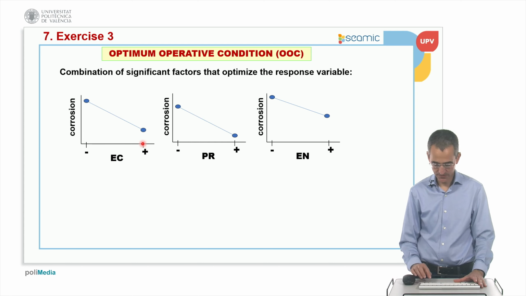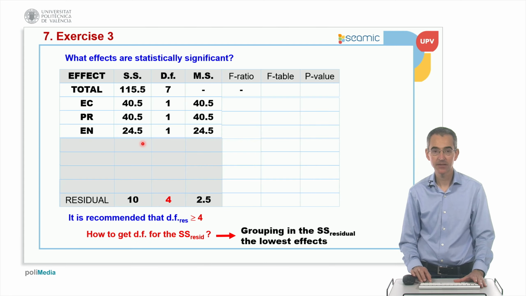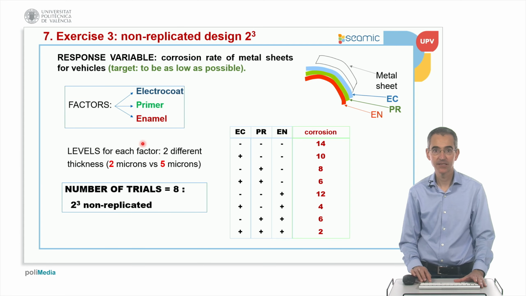If we go to this table and do that, for the lower value we have 14, 8, 12, 6, and for the higher value, which is 10, 6, 4, and 2.